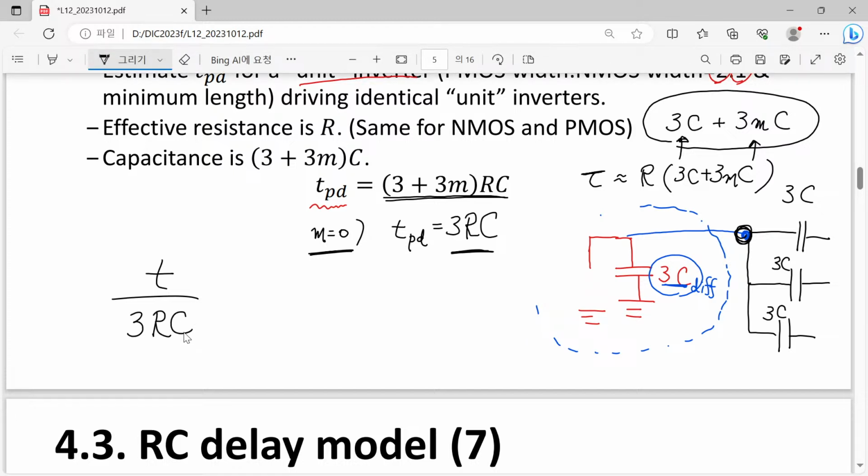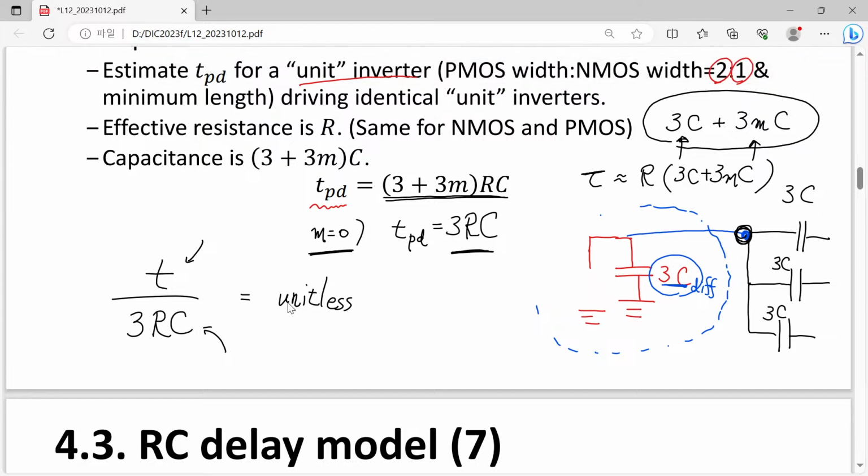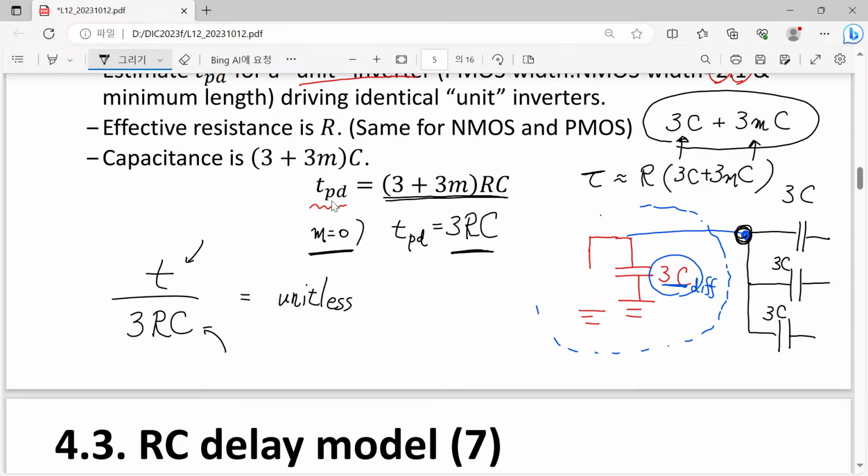Then we can have a certain integer number. So this is a second scale and this is once again second scale. Then this division will give us a unitless, dimensionless number. So that will give us a fair comparison between different technologies.